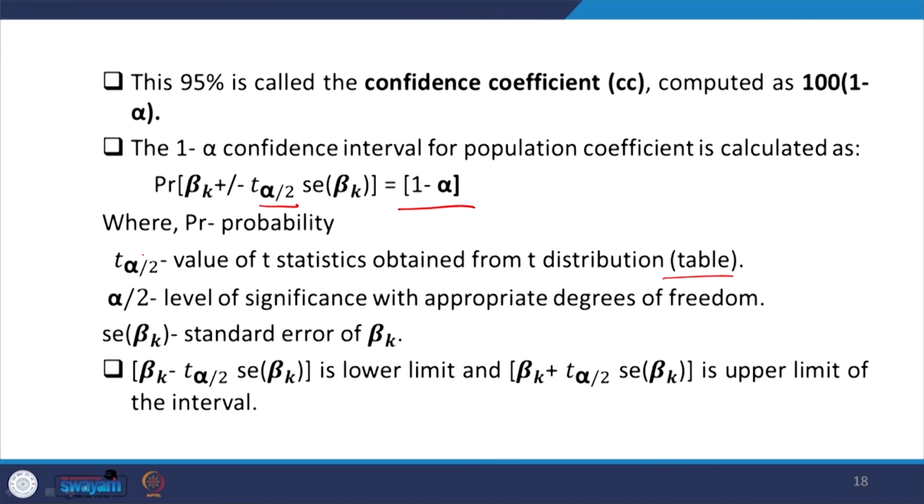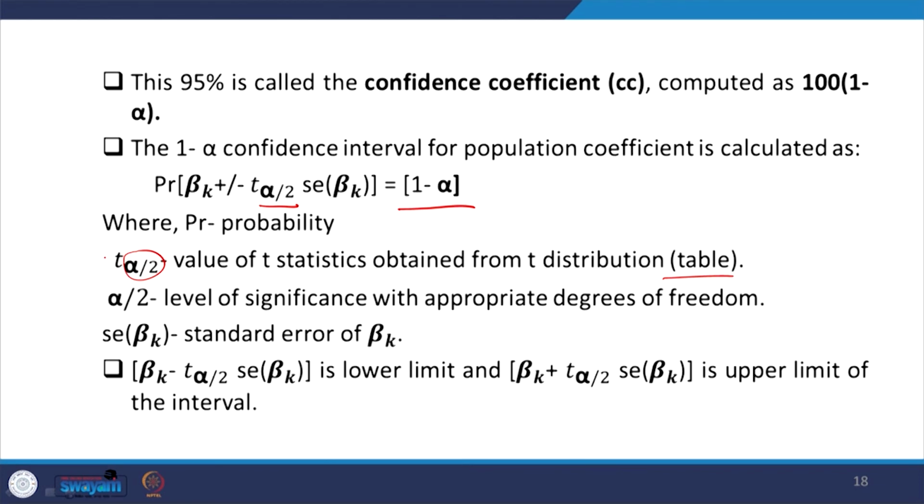But be careful about which tail test it is. Usually we refer to a two-tailed test, because the data may be distributed in a normal shape, so there is a possibility of both sides. So, alpha by 2 is nothing but the level of significance, maybe 5%, maybe 1%, with appropriate degrees of freedom. The standard error is noted as SE of beta k.